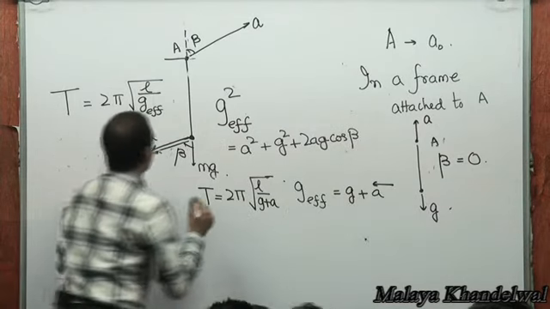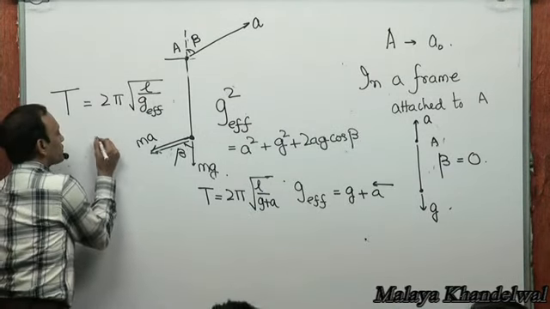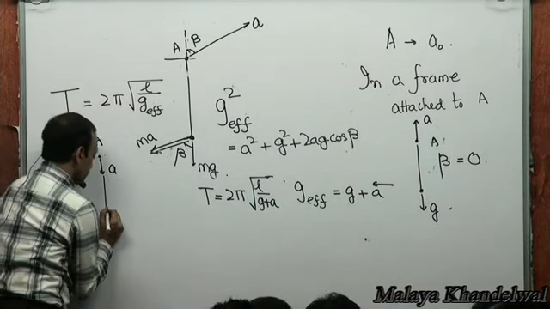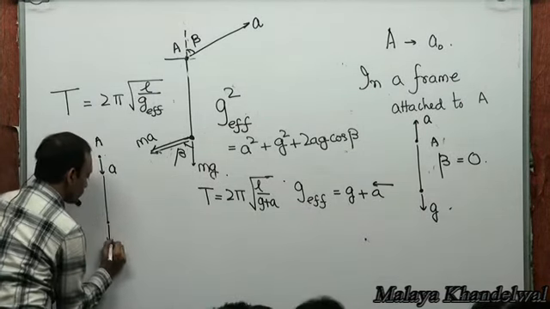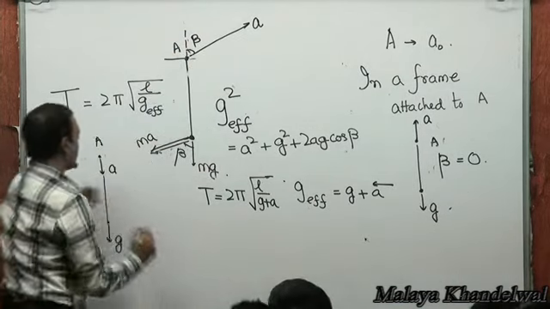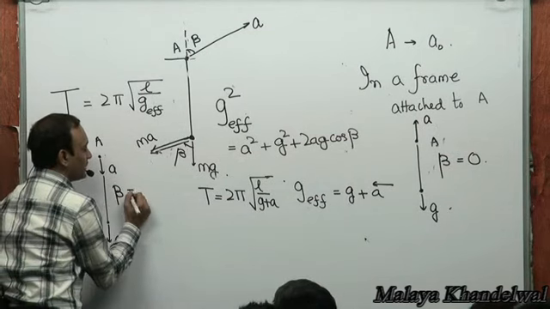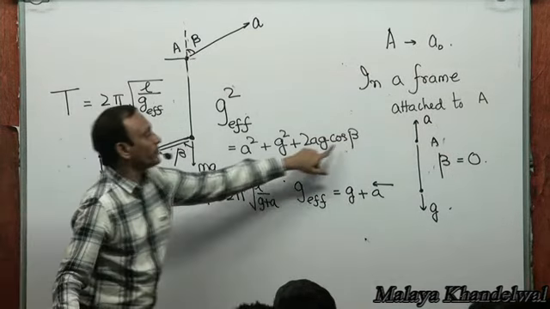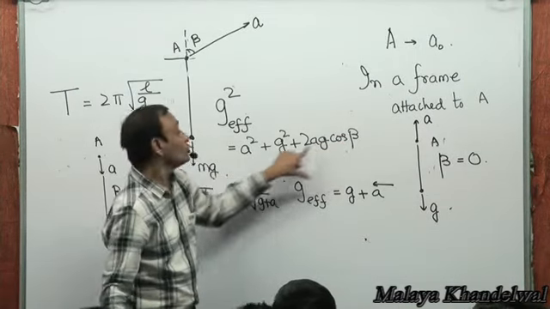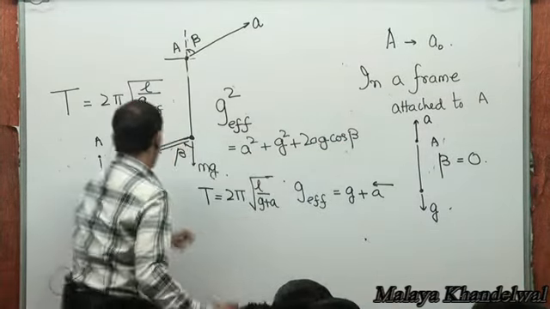Suppose the point of suspension were to be moving down with an acceleration A. Then, do you realize beta would become pi? This would be a situation where beta is pi, and this would become minus cos beta, minus 1. So this would become G minus A whole square.